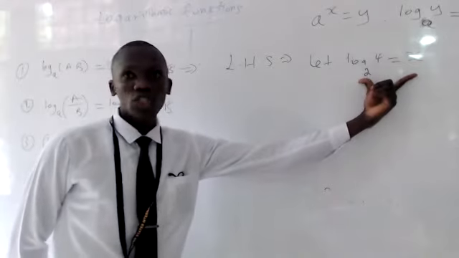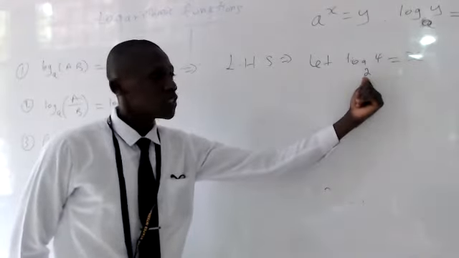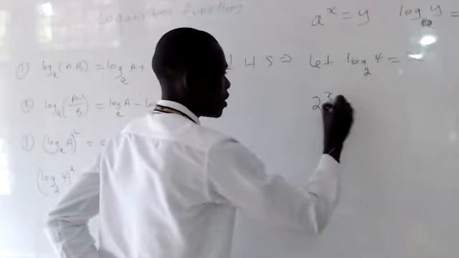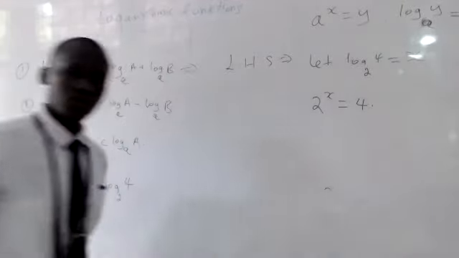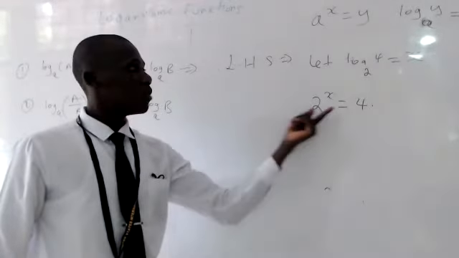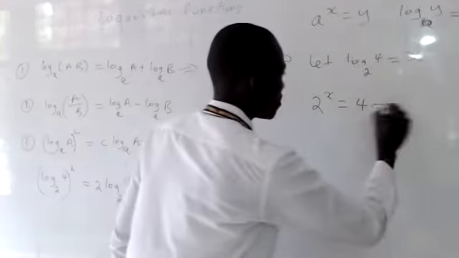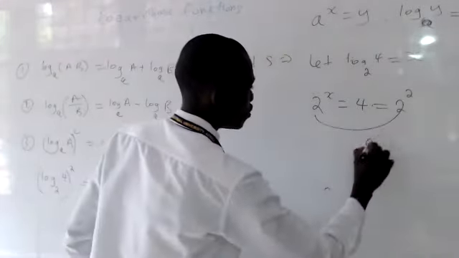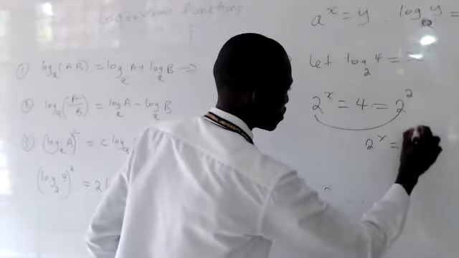Change this to index notation. So start with the base, which is 2, raised to the logarithm, which is x, should be equal to 4. It's possible to write 4 to the base of 2. 4 is the same as 2 squared. So now you have 2 raised to x is the same as 2 raised to 2.